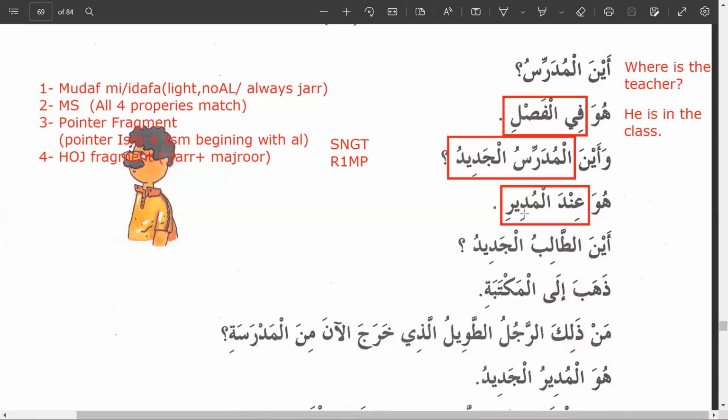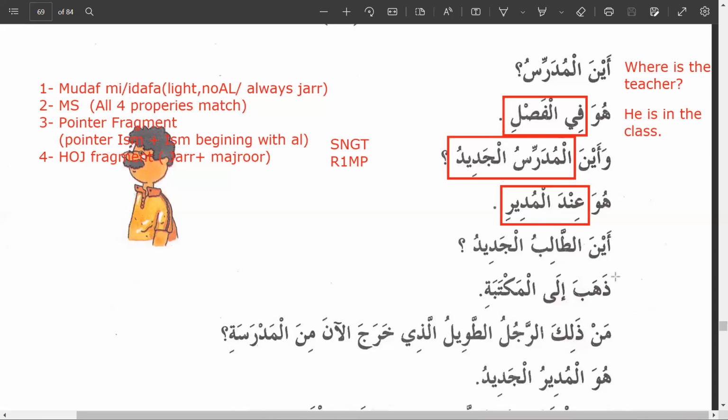So huwa indal mudiri, he is with the principal. Okay. Now aina talibul jadid. Where is the new student? Talib is a student.